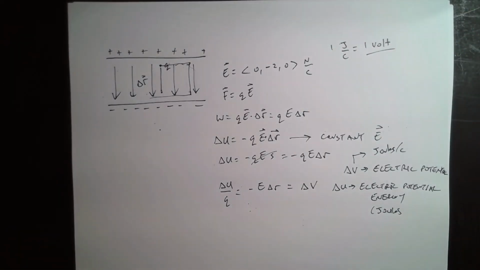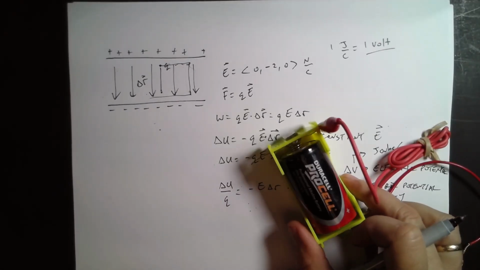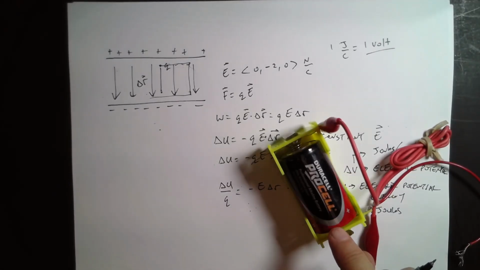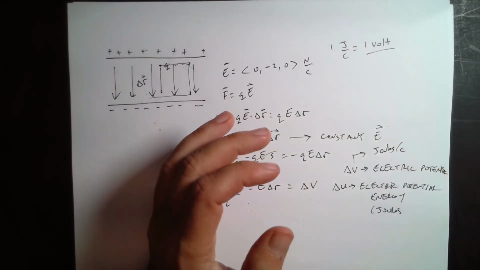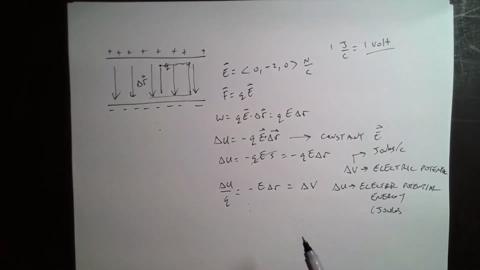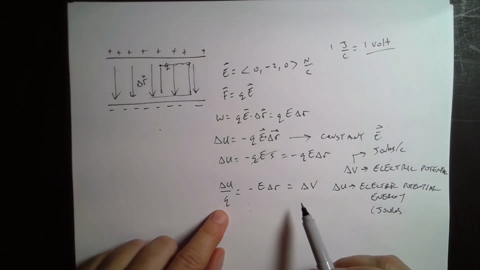So when you have a voltmeter, and I had one right here, that's what that measures. When you have a battery, 1.5 volts is the change in electric potential across those terminals. We'll talk about that more later. So the change in potential energy divided by the charge is the change in potential.